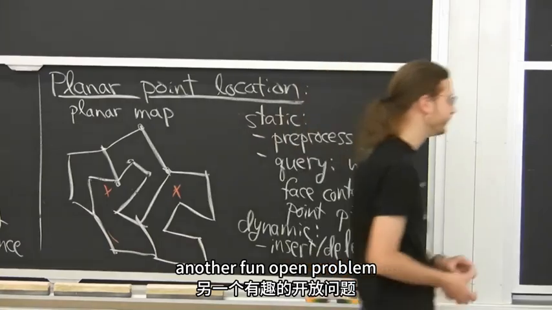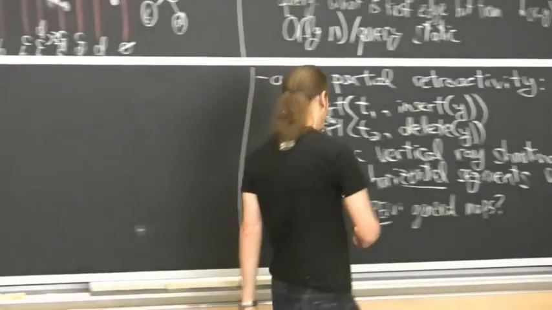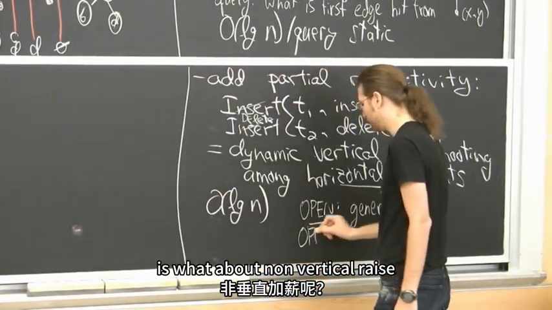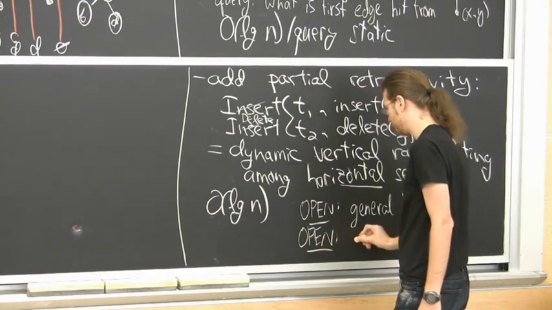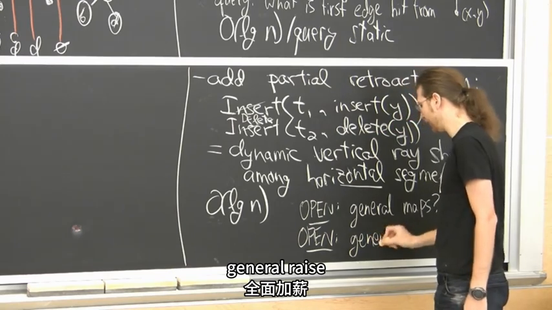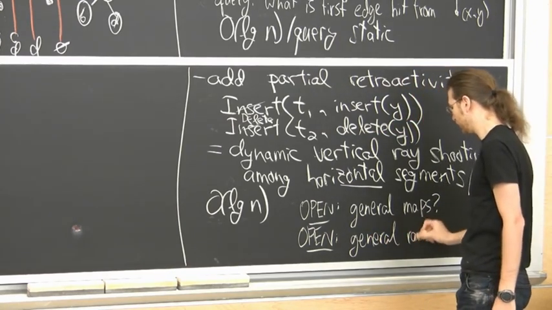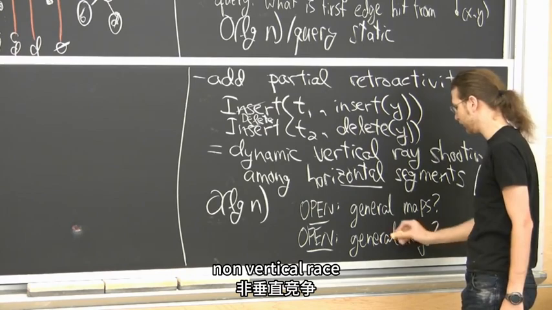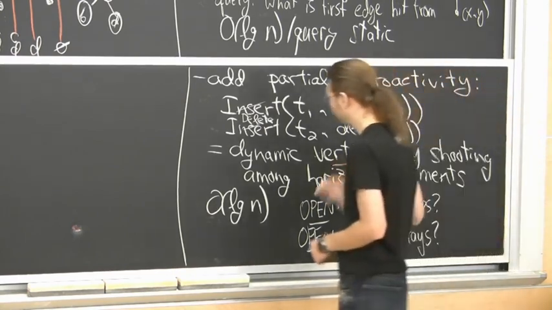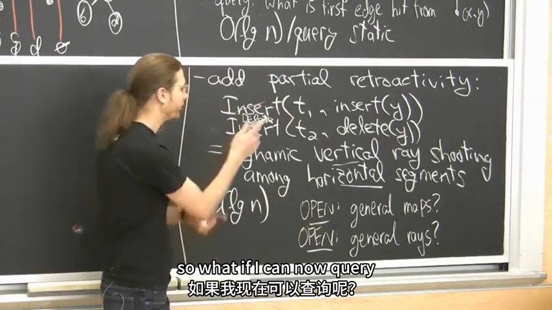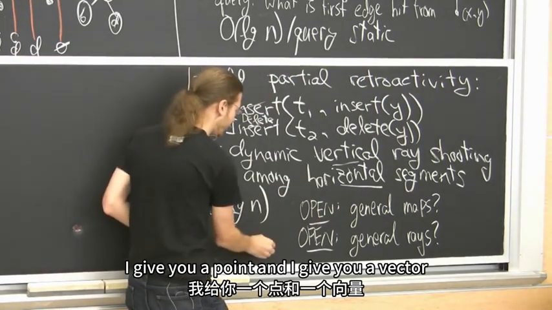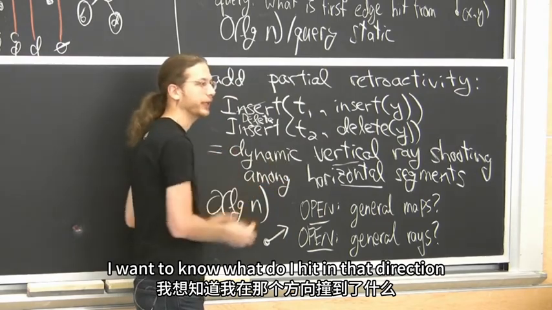Another fun open problem is, what about non-vertical rays? General rays. You mean non-horizontal? Non-vertical rays. Sorry. So what if I can now query, I give you a point and I give you a vector. I want to know what do I hit in that direction.